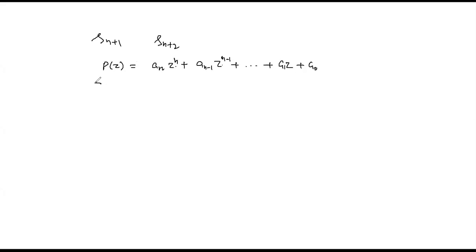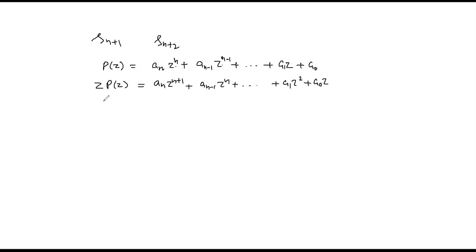I just multiply it by Z. So you get Z into P of Z is equal to an into Z raised to power n plus 1 plus an minus 1 into Z raised to power n plus so on and so forth, A1Z square plus A0Z.